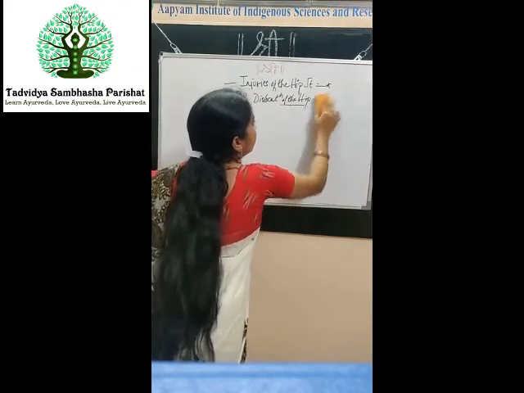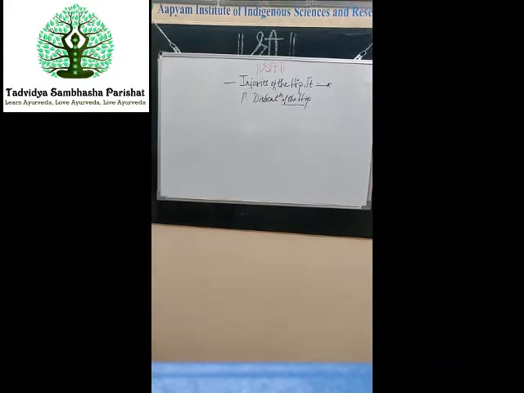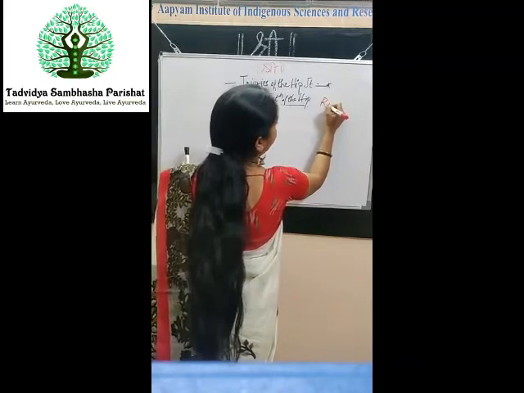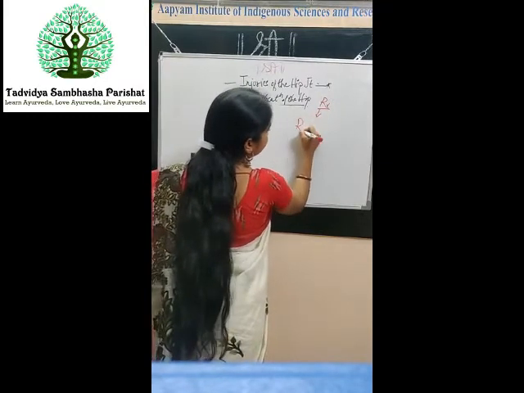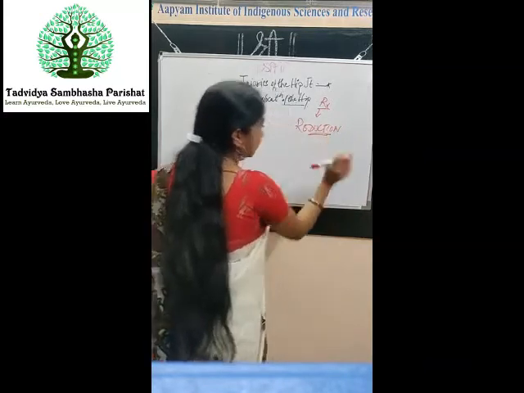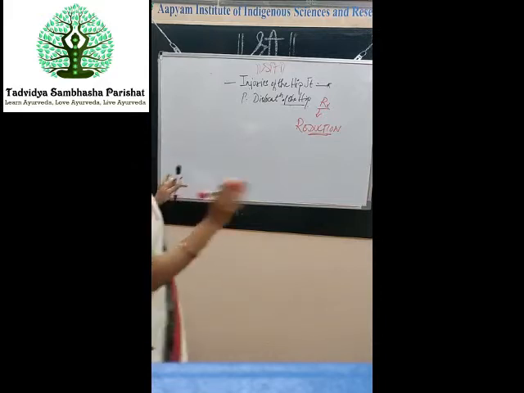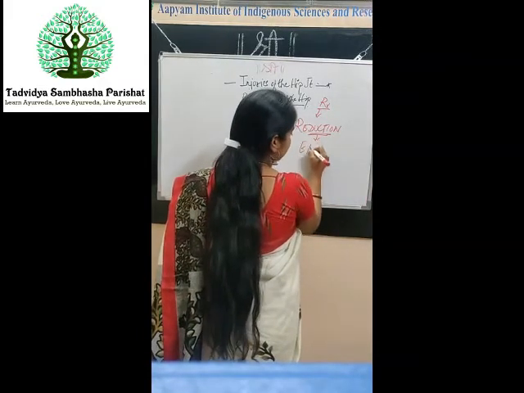Now moving to the treatment aspect of it. The first thing we have to do is reduction. And in case of a dislocation of the hip joint, this reduction is an emergency.